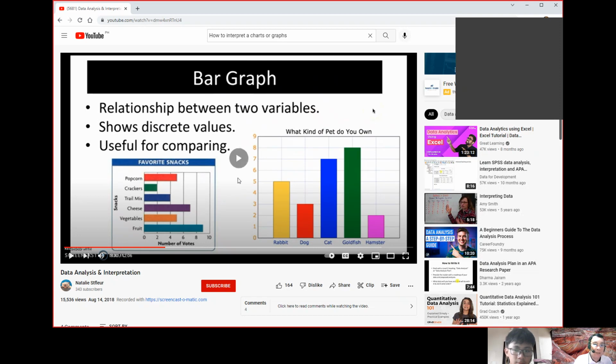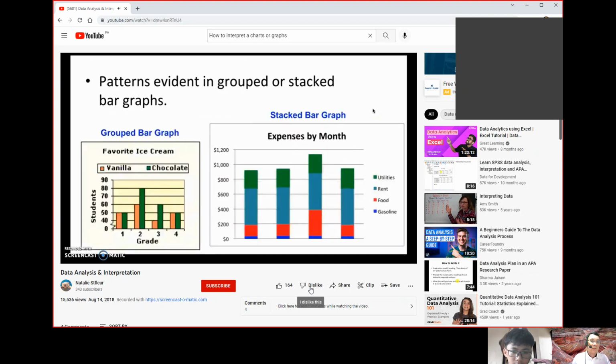Okay, let's try to continue. Comparison, we can answer that question. In addition, you can utilize certain bar graphs to find patterns, like group bar graphs, which show more than one bar graph in the graph, and also the stacked form of bar graph.